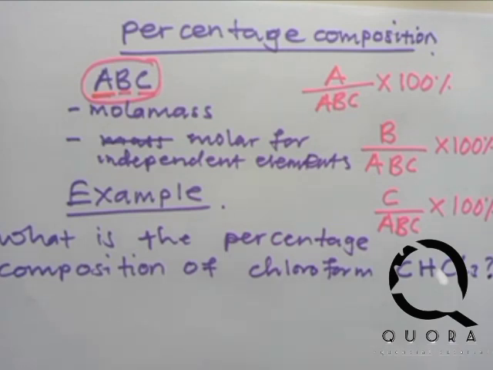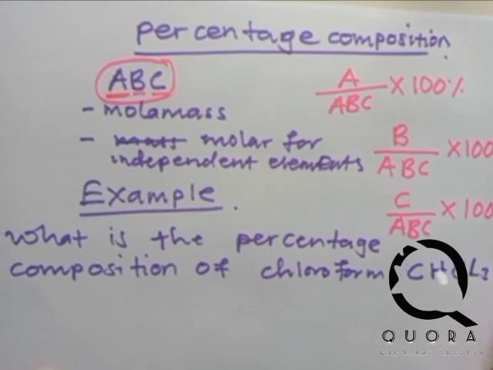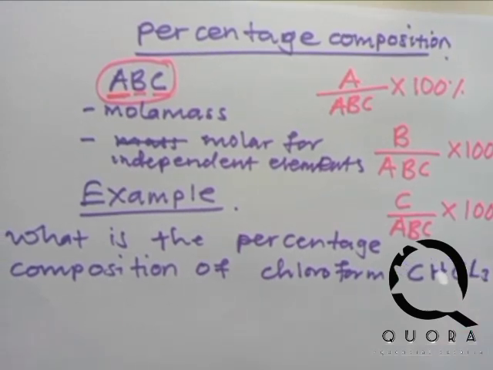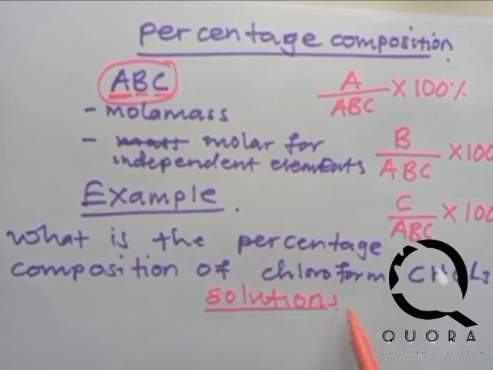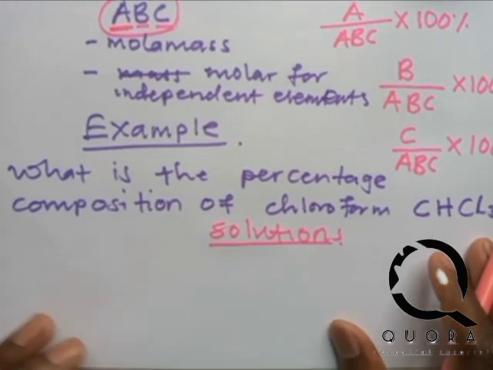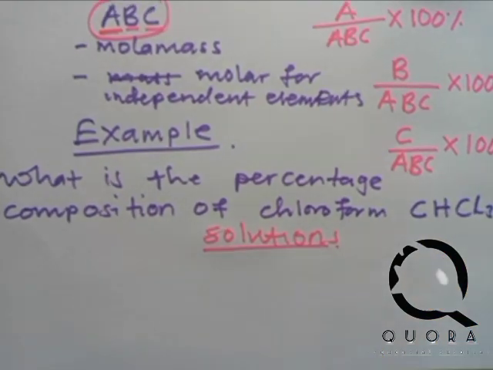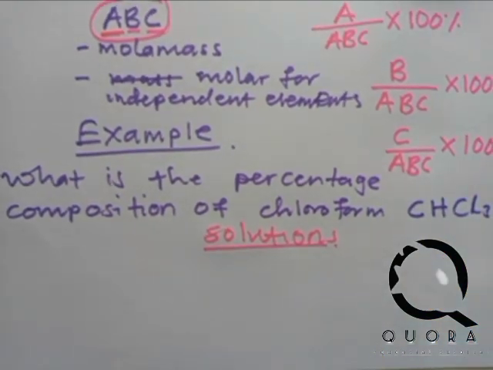So we need to analyze what is the total molar mass for this whole compound. Solution: if you analyze the total molar mass for this same compound, what are you going to get?